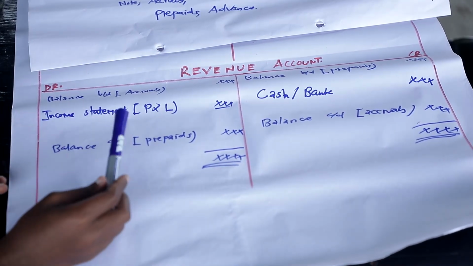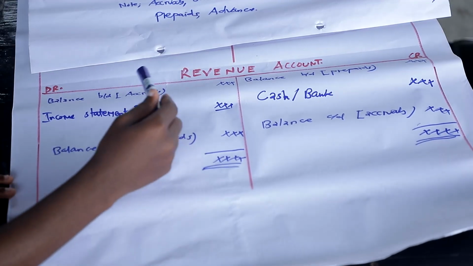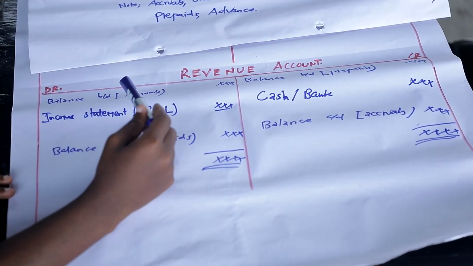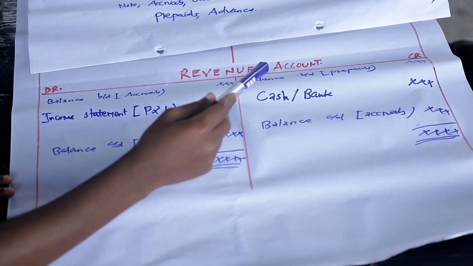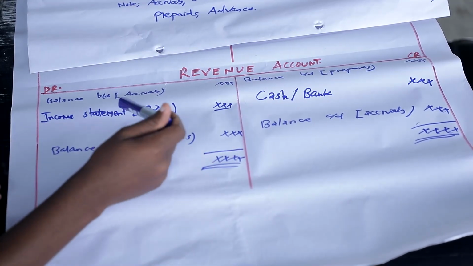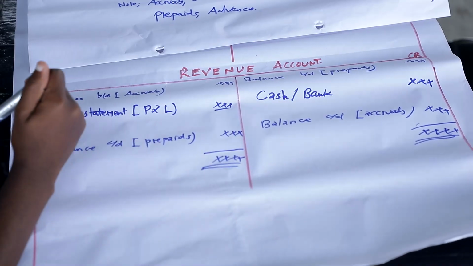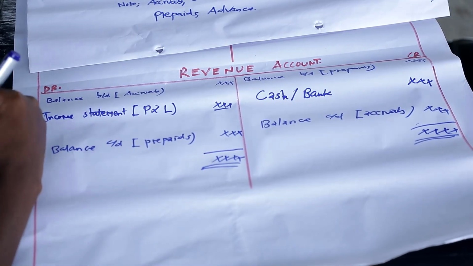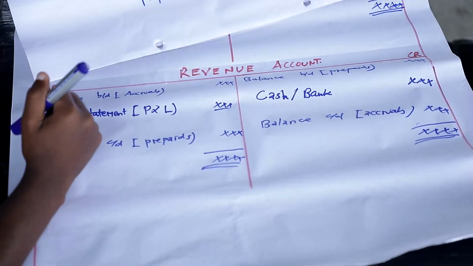And sometimes in some questions so lazima upewe information zote. For example, you may not be given the balance BD for accruals or the balance BD for prepaid, so if you are not given hautaziweka, you just add, you will just show the other informations ambayo utakuwa umepewa and the difference utapeleka kwenye income statement as profit, in the income statement of profit and loss account.